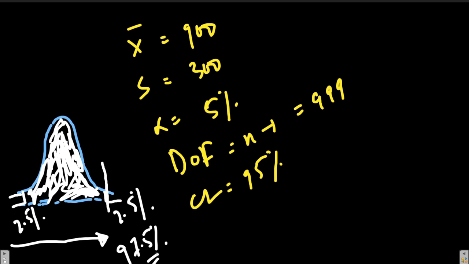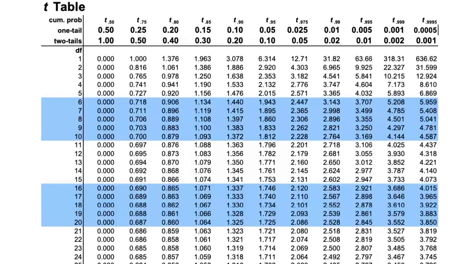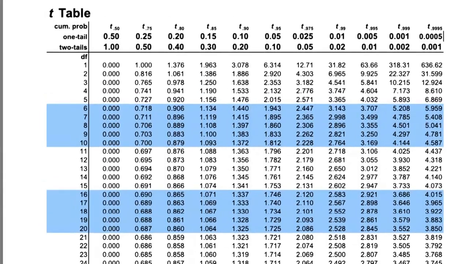The probability value is taken up to here. So we need to look at the t-table for the cumulative probability, for t-statistic equal to t.975.